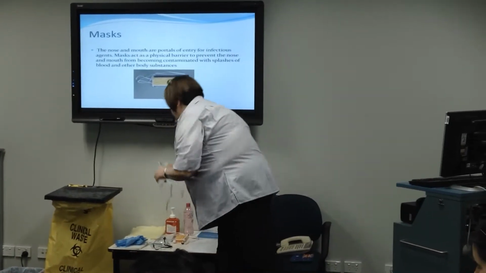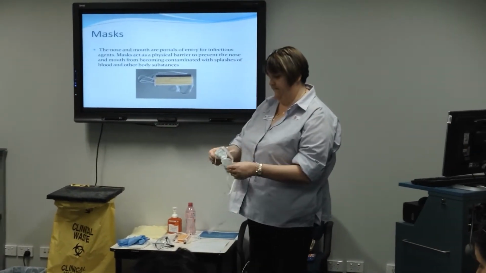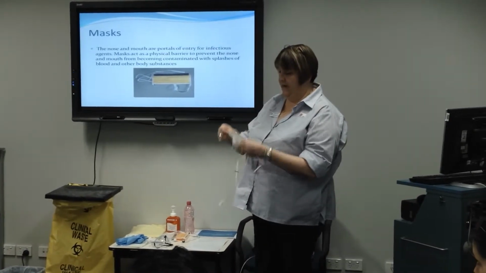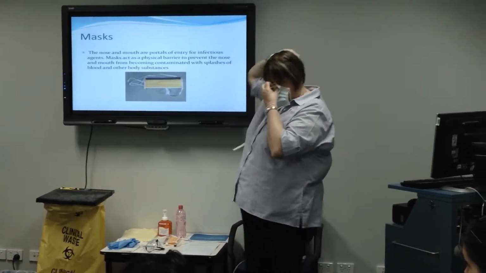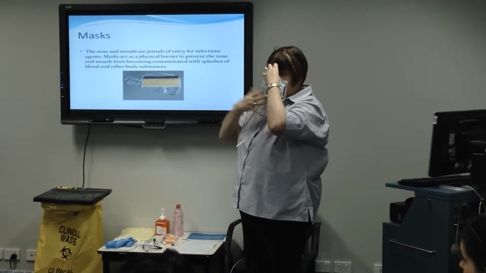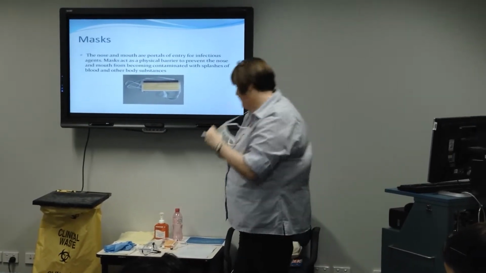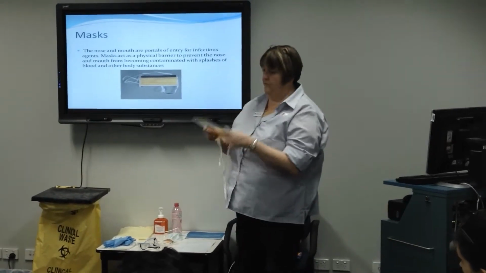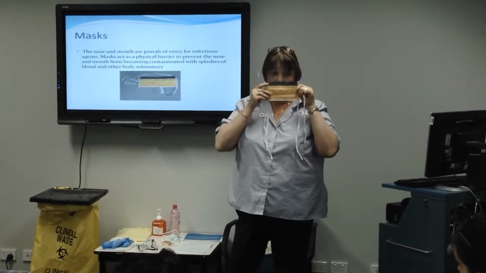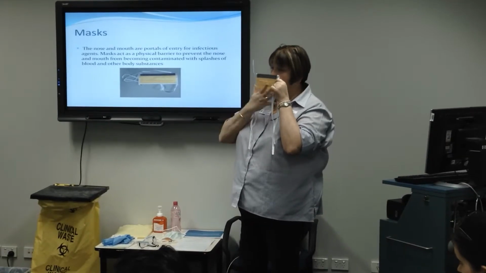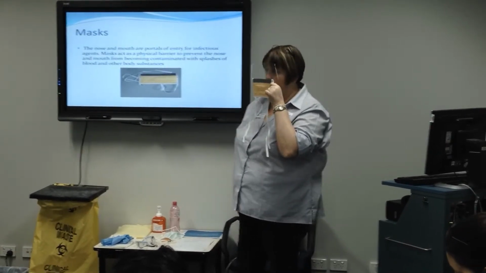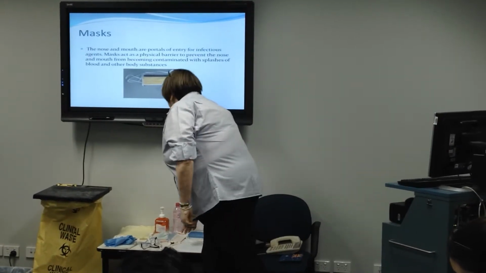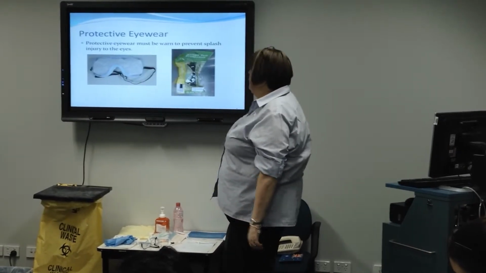So you've got just your basic mask, which is that one there, which you bring out and you fit to your nose like that, and you actually tie it around the back. So that's just protecting your mouth and nose area. And then you have one that's an actual shield, so that's also protecting your eyes. And once again, it goes on the same way where you're tying up, so you're protecting your mouth, nose, and also your eyes.